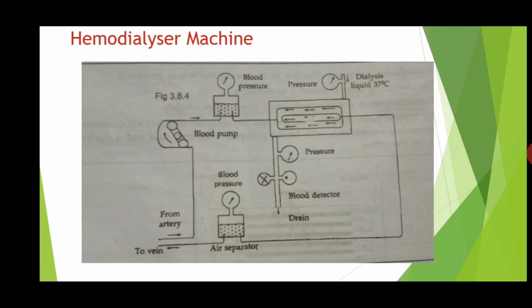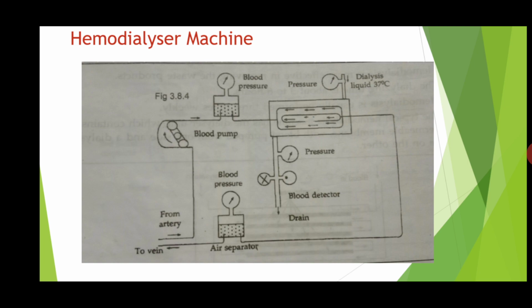If suppose the temperature is increased, then obviously a number of cells may have injury. So the temperature should be maintained. At the other end they are again using a pressure meter and a blood detector.